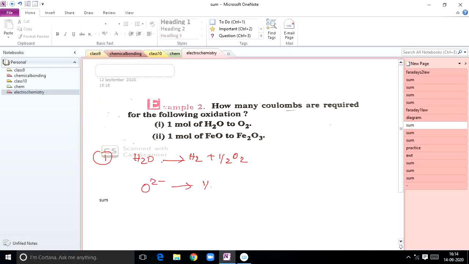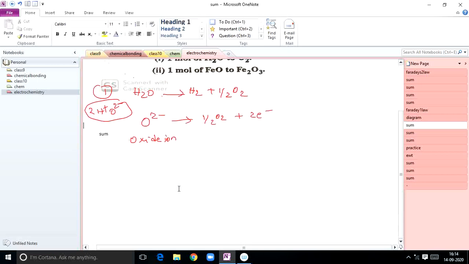So O2 minus gives rise to half O2 plus 2 electrons. You can write like this. From this I am taking only the oxide ion. If you split water, 2H+ and O2 minus. So the oxide ion converts to half O2 plus 2 electrons. So the quantity of electricity required, Q, is equal to 2 Faraday only. 2 electrons, so that is equal to 2 into 96,500 coulombs. So how much will you get? 193,000 coulombs.